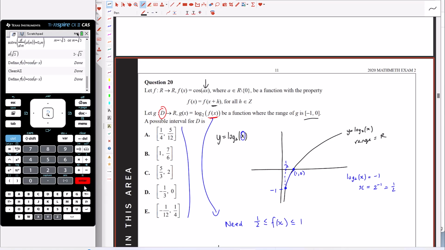Now the A is not bold. I could have used a different letter, but you get yourself muddled up quickly if you change them around, and you lose track of what's what. I'm just going to see what happens if I solve f of x equals f of x plus h for A.